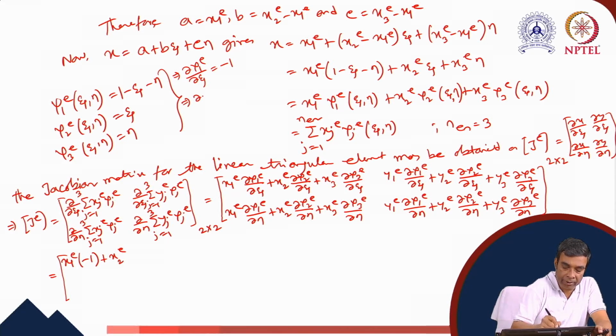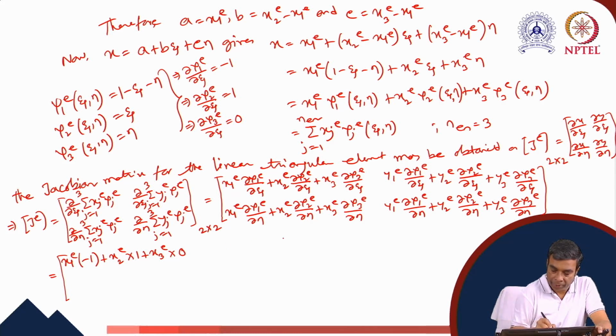This gives us del psi 2e del xi equals 1. So x2e into 1 plus x3e into del psi 3e del xi, which equals 0. So del psi 3e del xi equals 0, so x3e into 0.